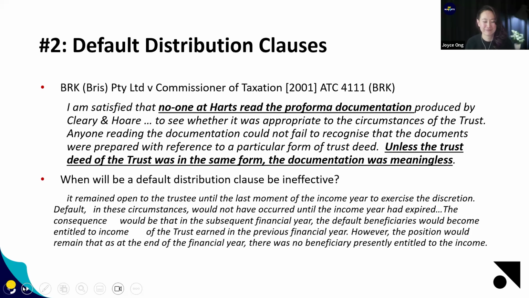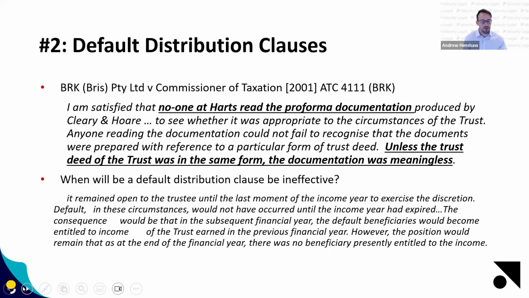It gets worse than that. The trust deed in question did have a default distribution clause. But essentially what the court said was the default distribution clause didn't actually achieve what you wanted it to achieve. The reason for this is a little technical, but I'll take everyone through it because it's really important. The court said, well, it has a default distribution clause, but the wording essentially means it doesn't kick in until after the end of the financial year.